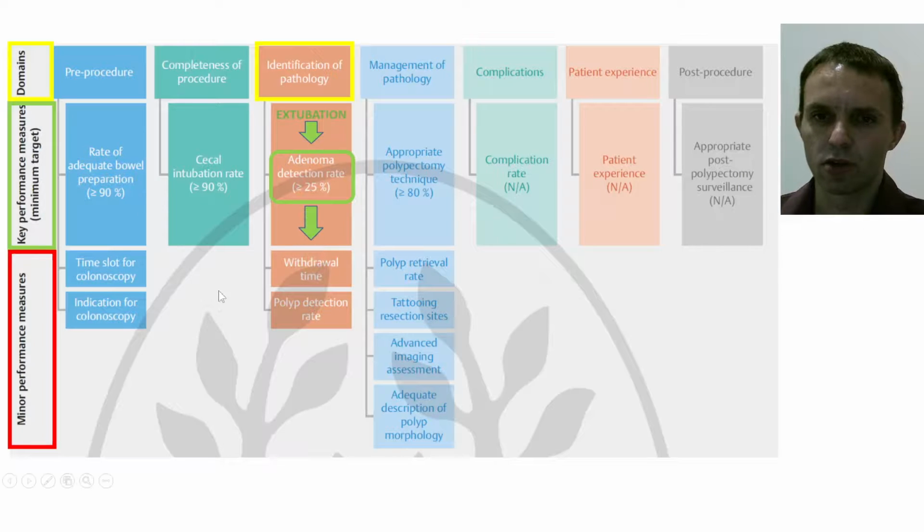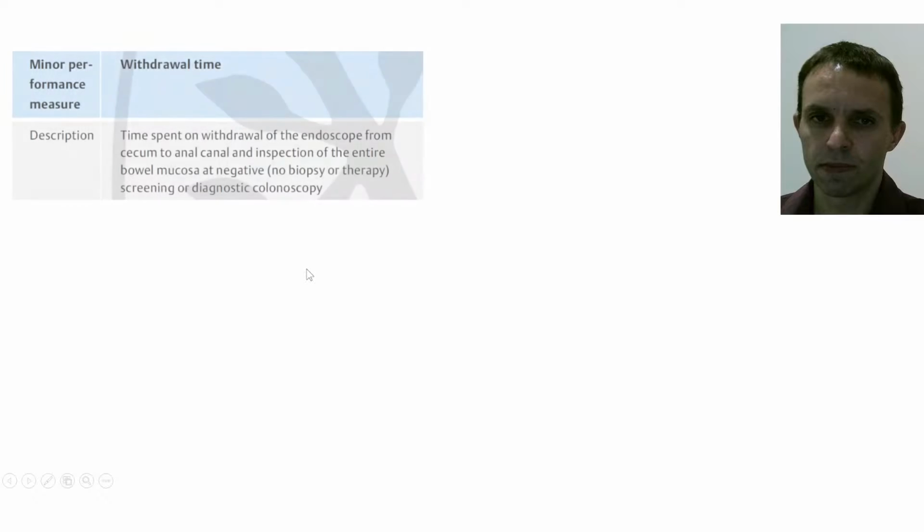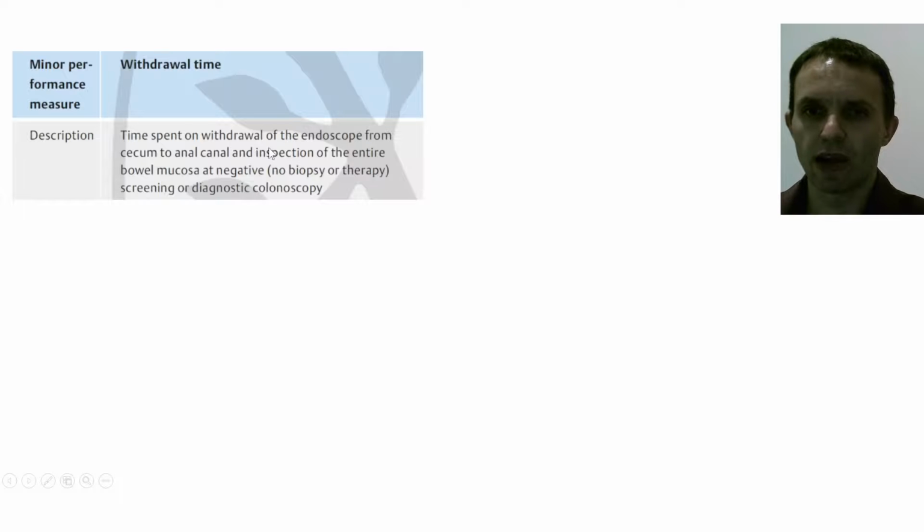Further, I would like to talk a little bit about the minor performance measures of the identification of pathology domain, that is withdrawal time. Withdrawal time is the time spent on withdrawal of the endoscope from cecum to anal canal and inspection of the entire bowel mucosa at negative, that means no biopsy or therapy, screening or diagnostic colonoscopy.